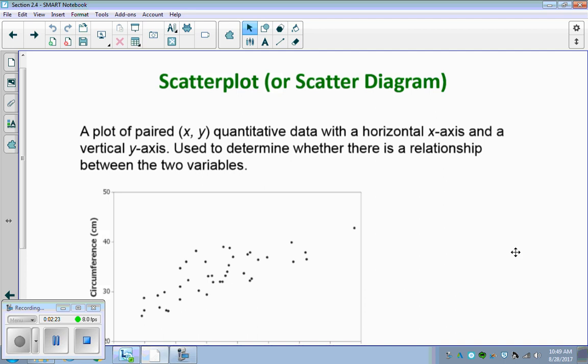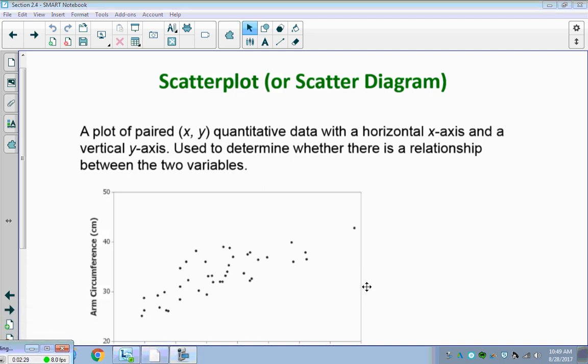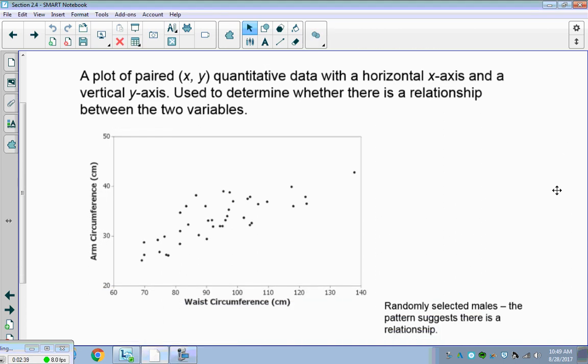Okay. Well, we're going to go over different types of graphs here. This is called a scatter plot or a scatter diagram, and this is used when you're looking to see if there's a relationship between 2 variables. One of the ones that I usually like for a scatter plot is after your first test. Many times I do a homework score or quiz score to actual test score and see if there's a correlation between those 2 things.